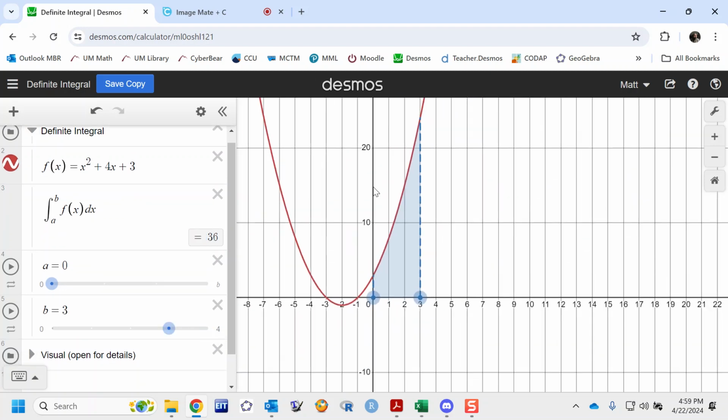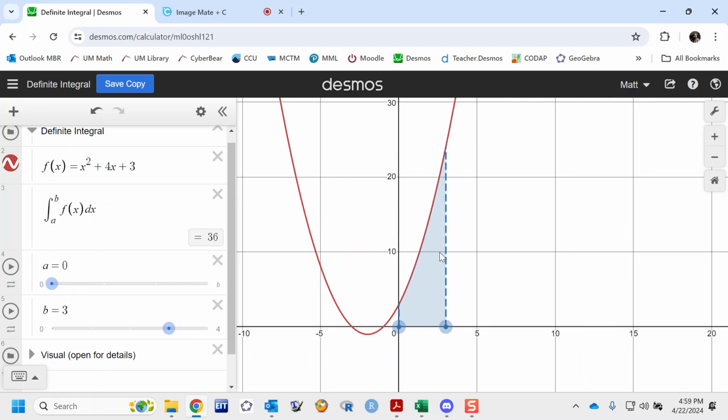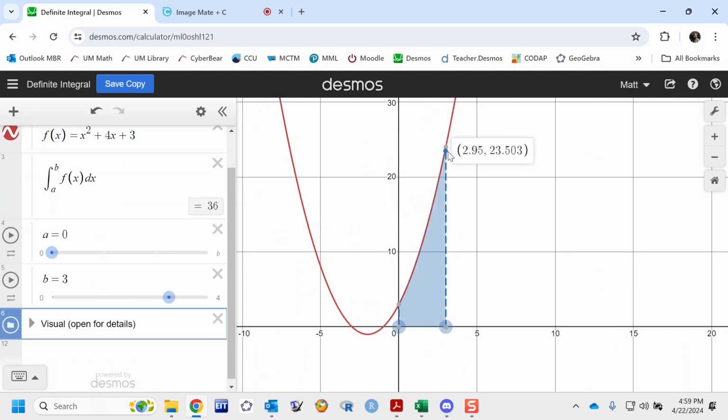It's a fairly large integral because at 3 we're at a very large number, somewhere in the neighborhood of 24. And it says that the area under that curve is 36. So let's see if we can figure that out.